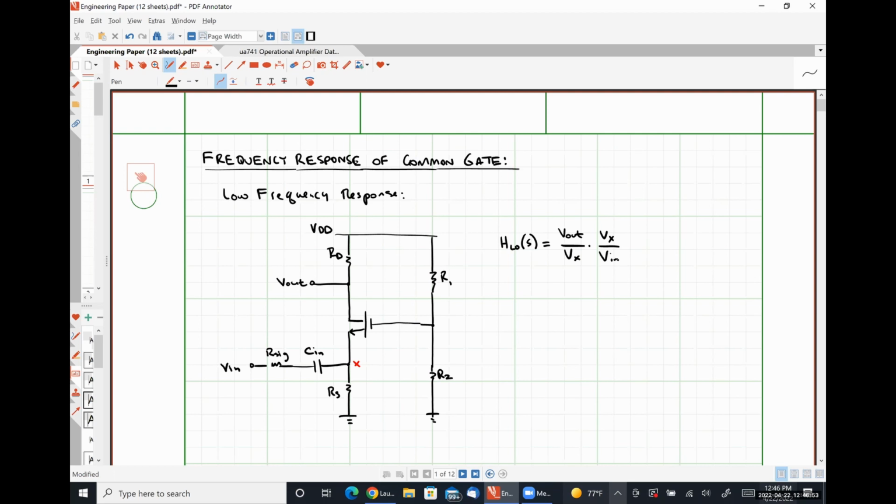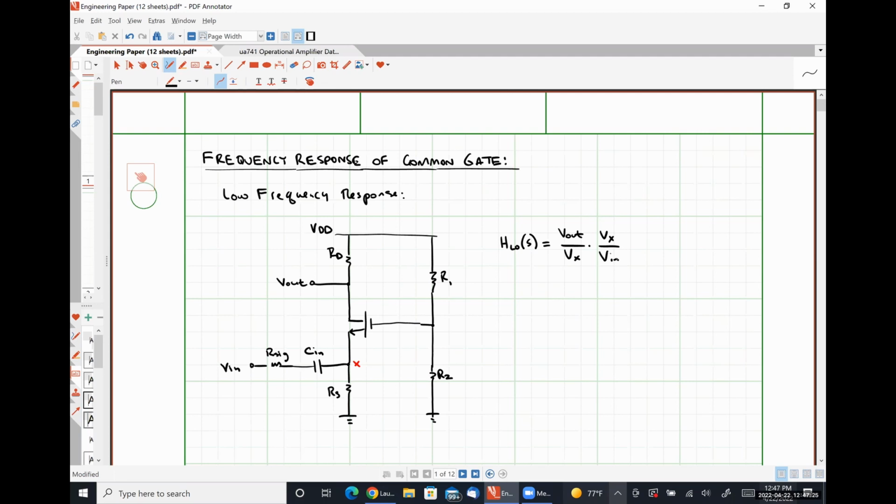Always look it up. All right, this is taking too long. So the answer is gm RD, okay?